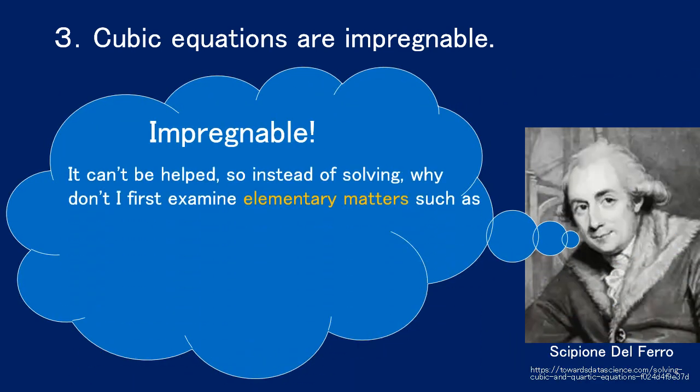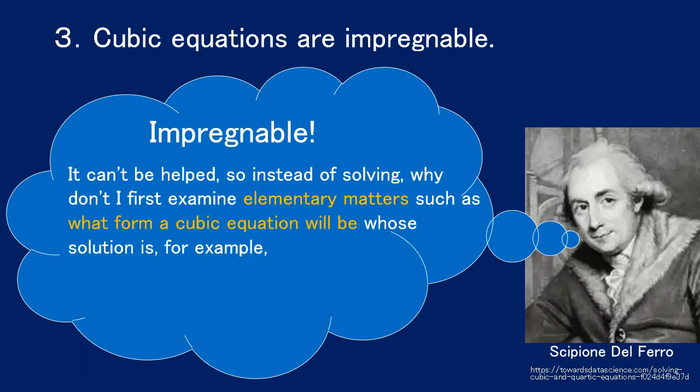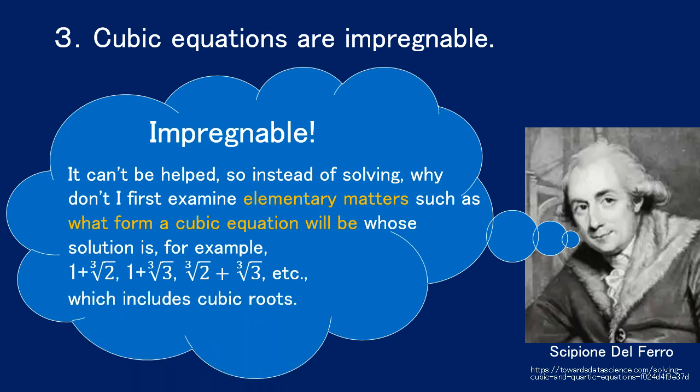It can't be helped, so instead of solving it, why don't I first examine elementary matters, such as what form a cubic equation will take whose solution is, for example, 1 plus the cube root of 2, 1 plus the cube root of 3, or the cube root of 2 plus the cube root of 3, etc., which include cube roots.